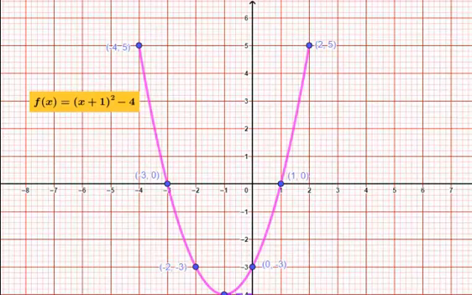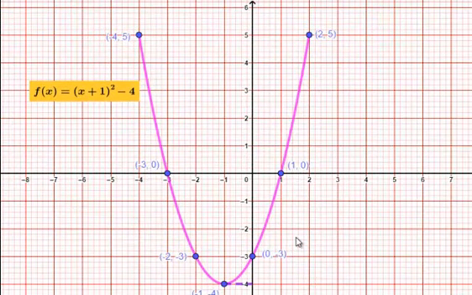Someone would ask, what if the graph opens upwards? If the graph opens upwards, like what you see on the screen, our line of symmetry is similar to that of the first one, which opens downwards.